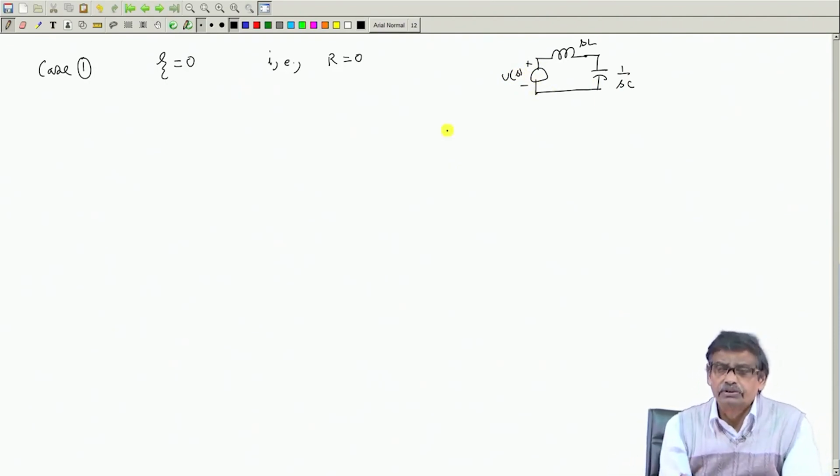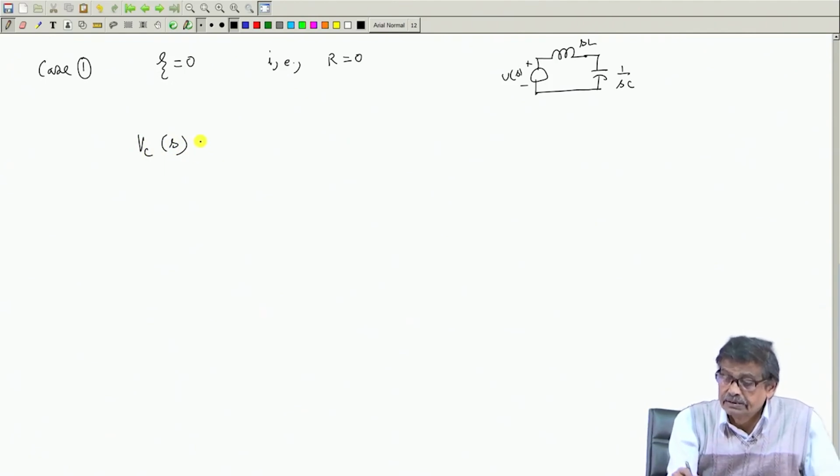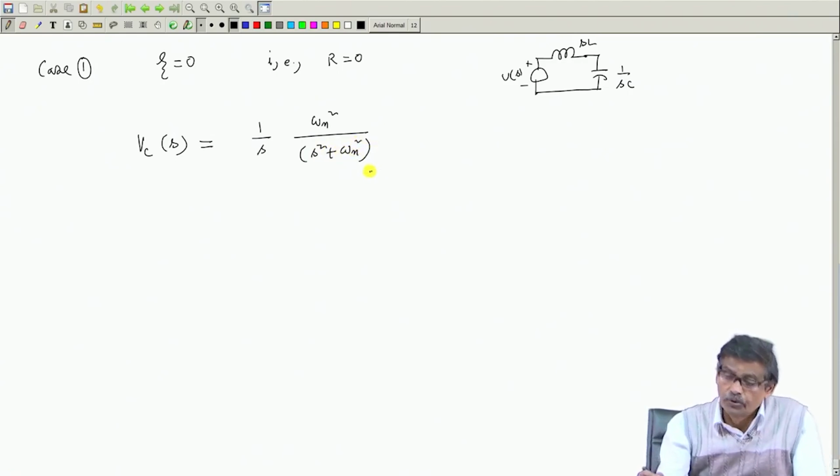I will put R equal to 0 or zeta equal to 0. So, the voltage across the plates of the capacitor under this condition will be equal to 1 over S into omega n square by S square plus omega n square, because the 2 zeta omega n term goes and you will be left with this one. Now, once again partial fractions can be carried out.